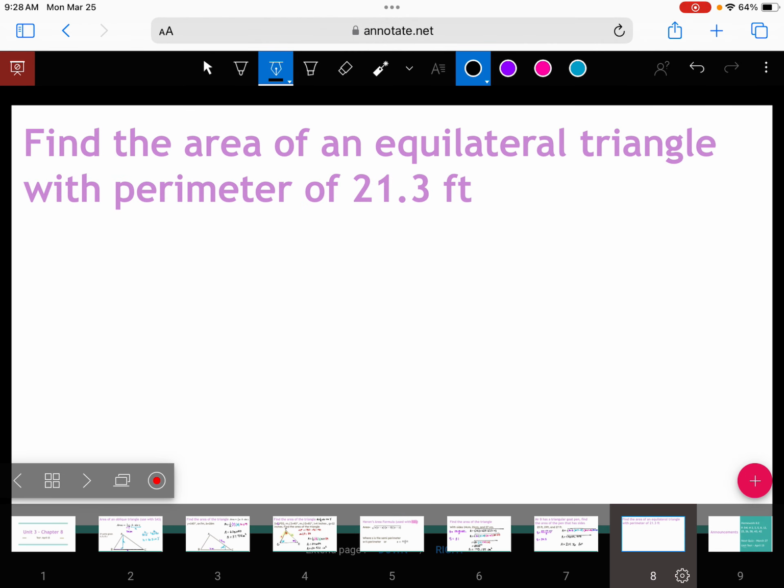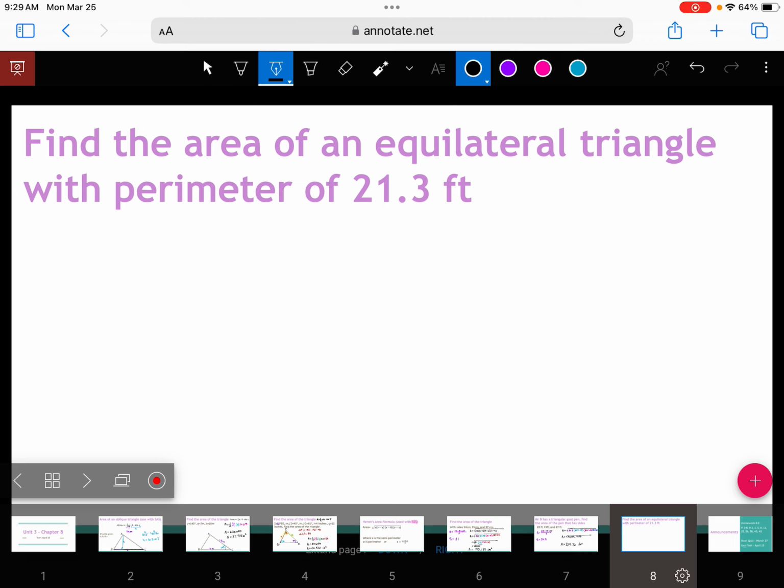So this is actually our last problem in law of cosines. We're going to find the area of an equilateral triangle with a perimeter of 21.3. This one is not different than what we've done.